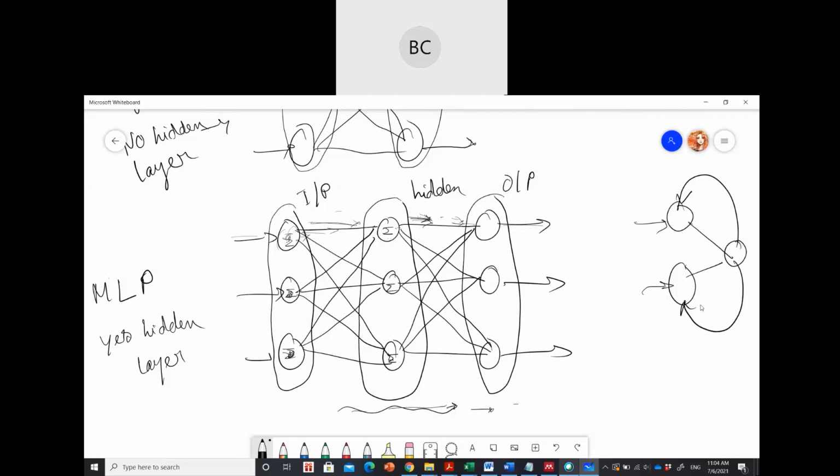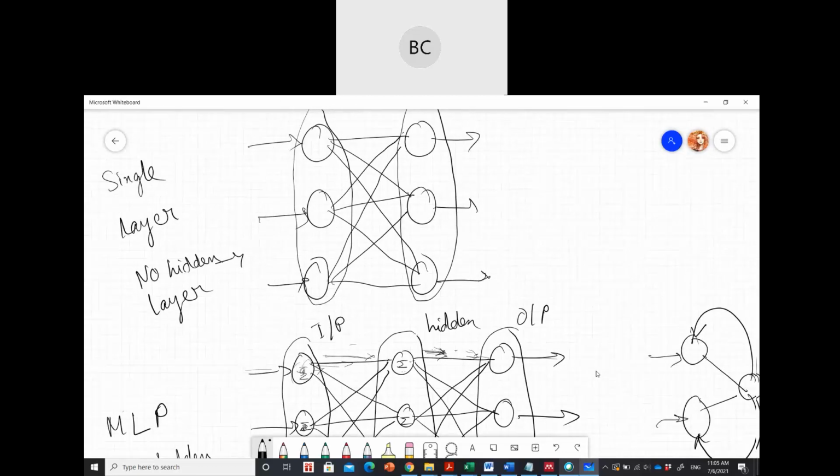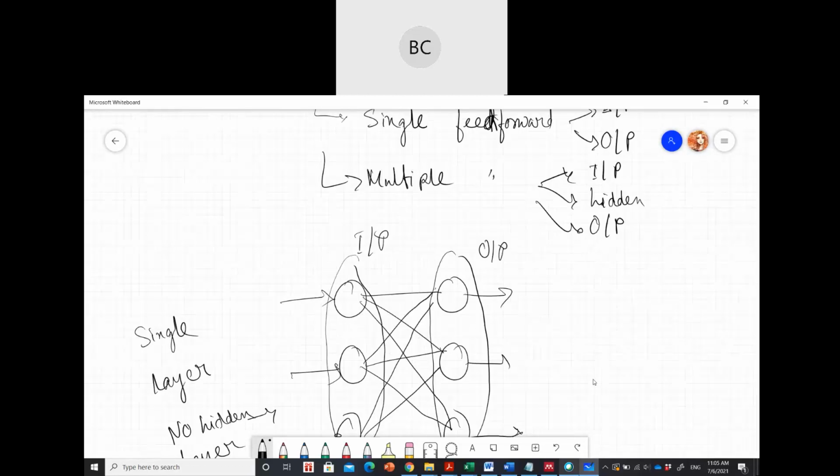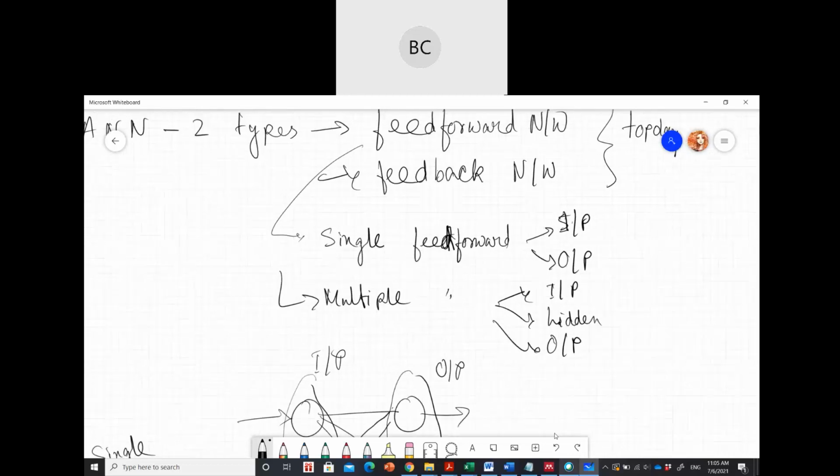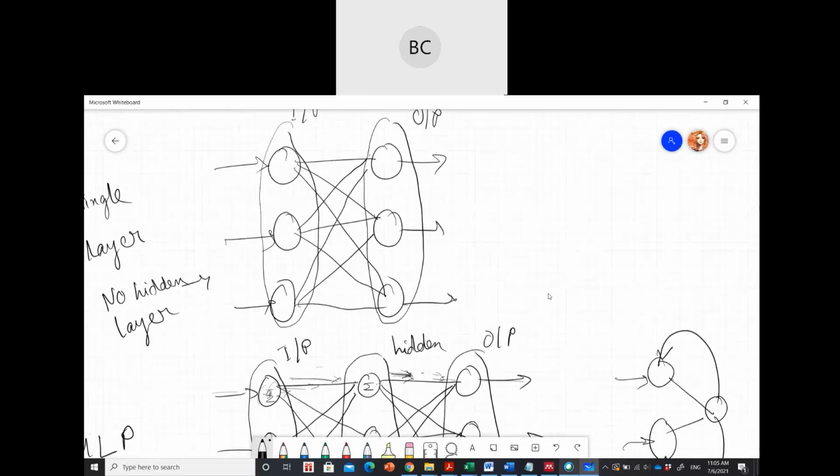Is it clear till now? You can stop sharing and switch on your videos.